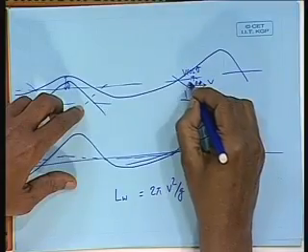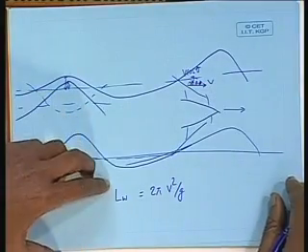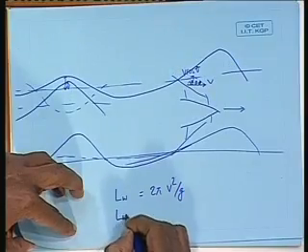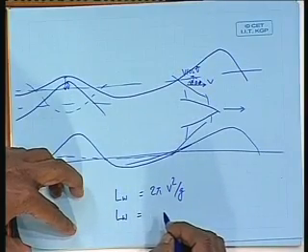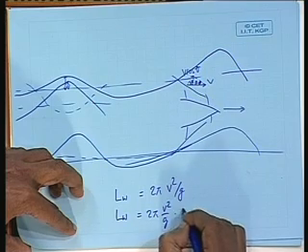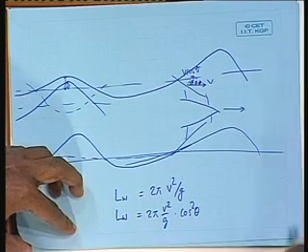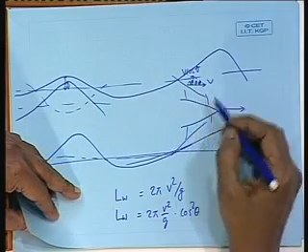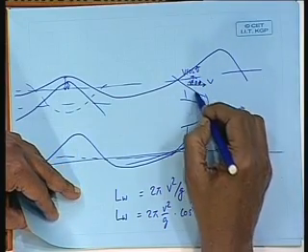Then the length of the divergent waves will be proportional to v square into cos square theta, where this angle is theta.